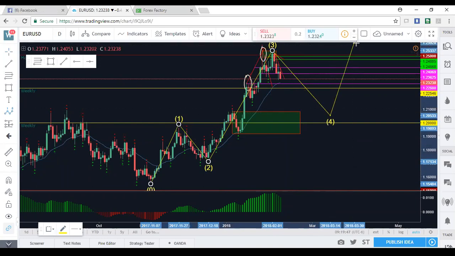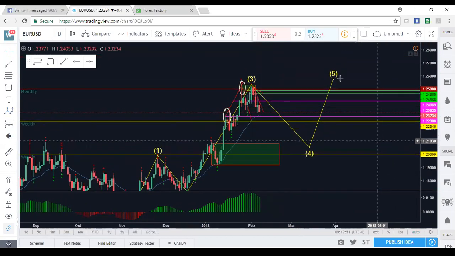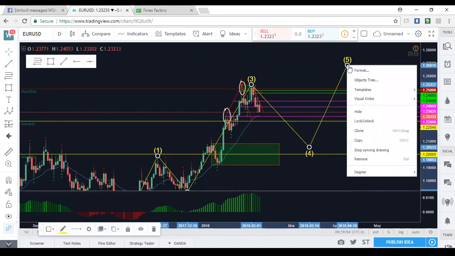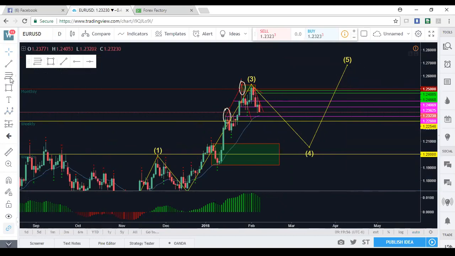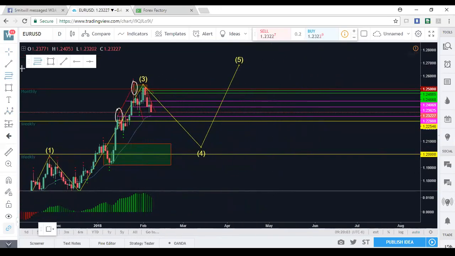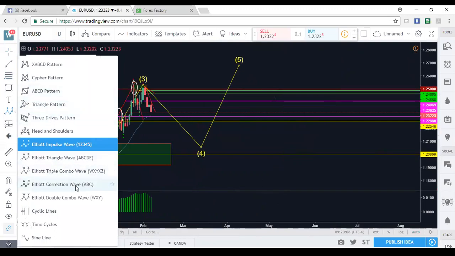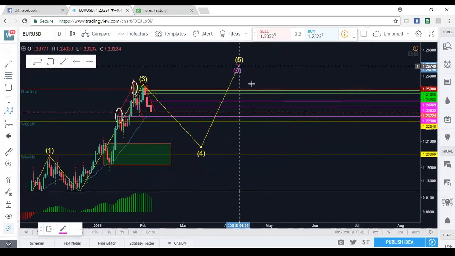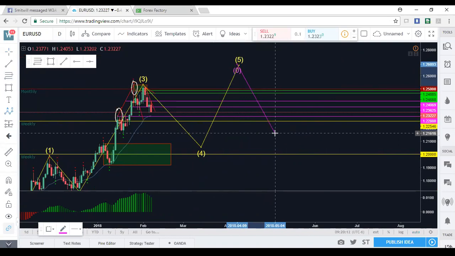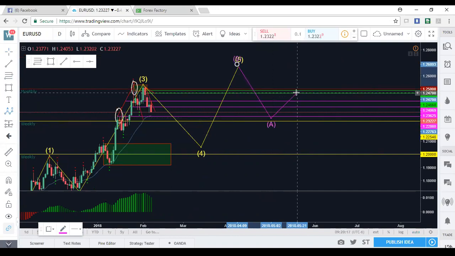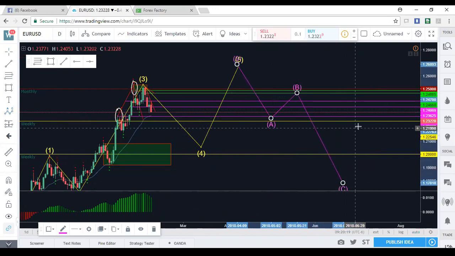And then wave 5 basically completes somewhere up here, depending on where this wave 4 completes at. And then after that is when you'll have the bigger ABC correction.